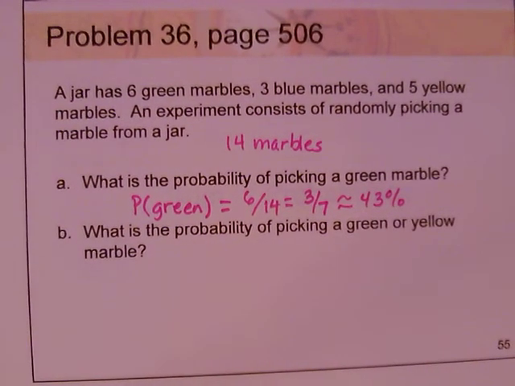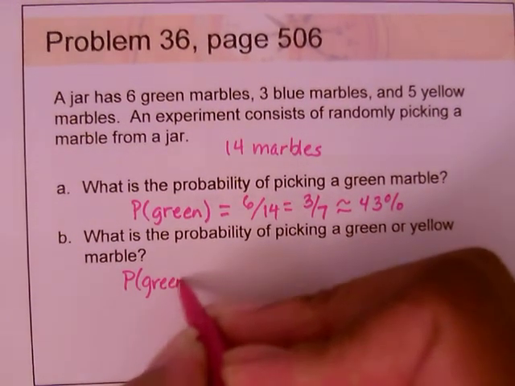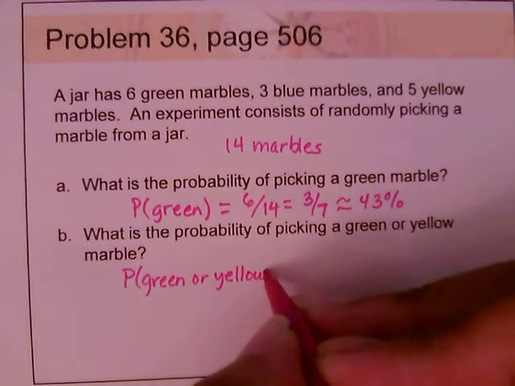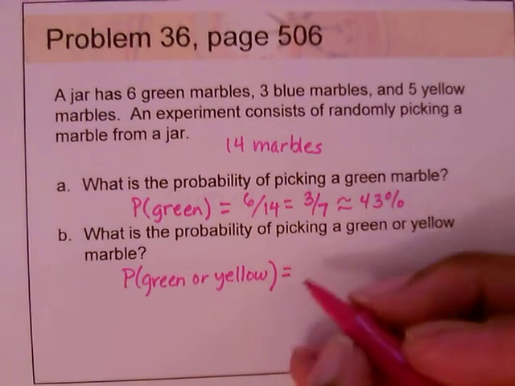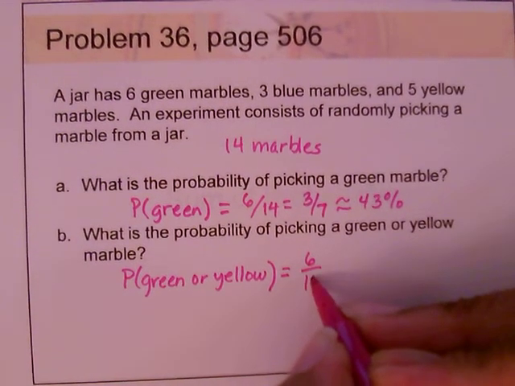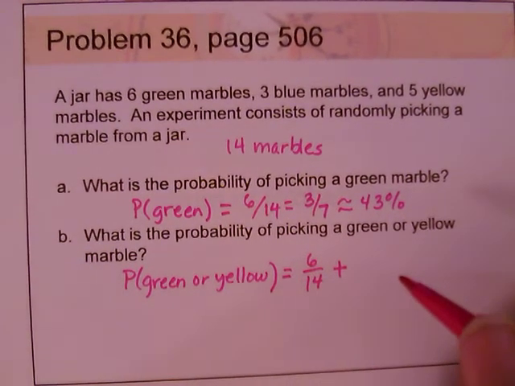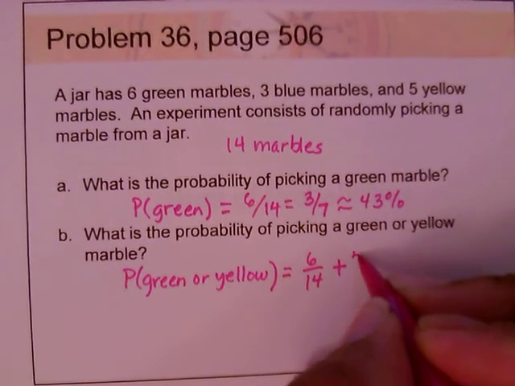And then what is the probability of picking a green or yellow marble? Well, I know there are 6 green marbles out of 14, so that's 6 divided by 14. And here I'm going to add to it the number of yellow marbles. In this case, there are 5 yellow marbles out of 14. So this will be 5 divided by 14.